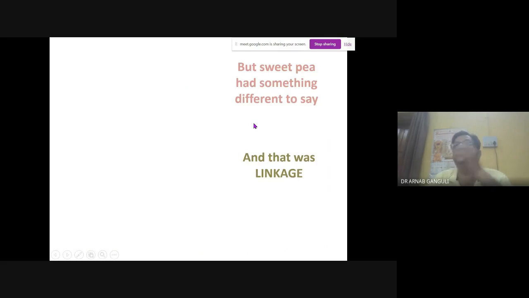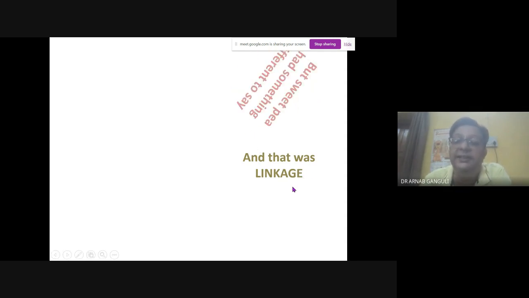But in sweet peas, there was something different found. Normally in pea plants, whenever you cross these traits, you get F2 offspring in the ratio of 9:3:3:1. But in sweet pea, there was something different, and that was linkage.